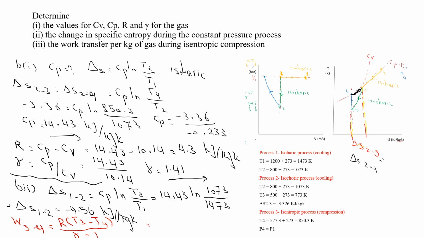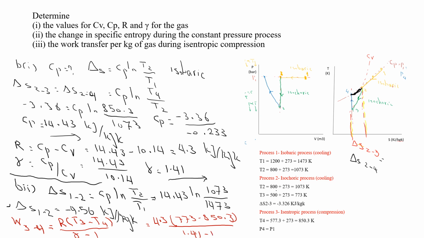So now we put the value, that means it is 4.3, which is for R, times 773 minus 850.3, divided by 1.41 minus 1.